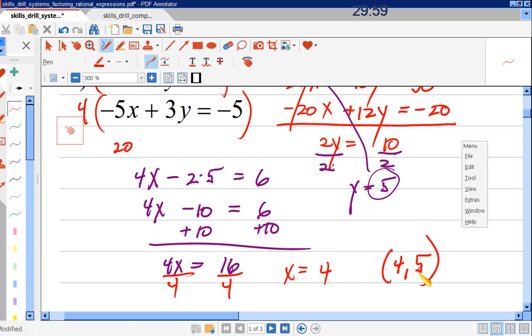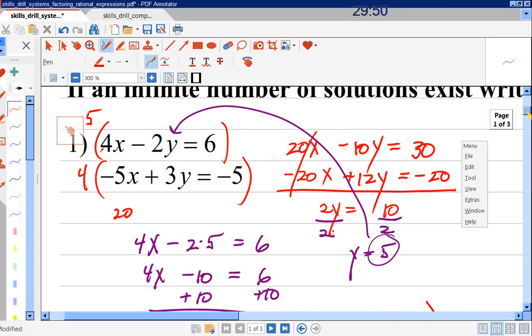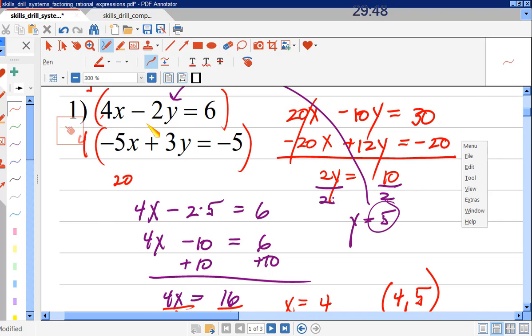Now, if you have the opportunity to guess and check with a system of equations and are given the solutions, the way you would check to see if something really is a solution of a system is to substitute its values into both equations and check to see if you get a true statement. So here, when I put 4 in for x and 5 in for y, I get 16 minus 10 equals 6.